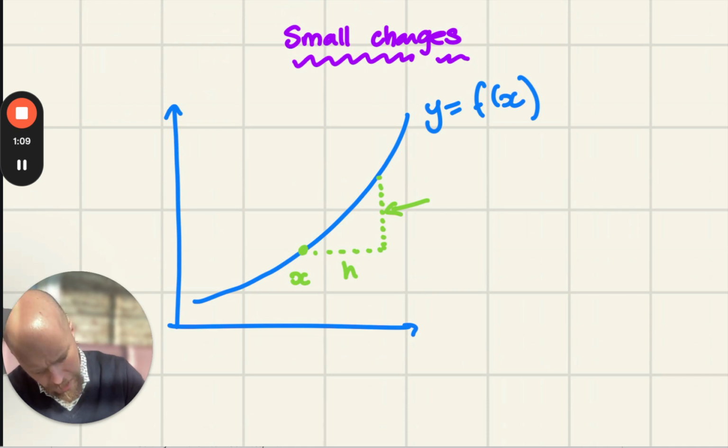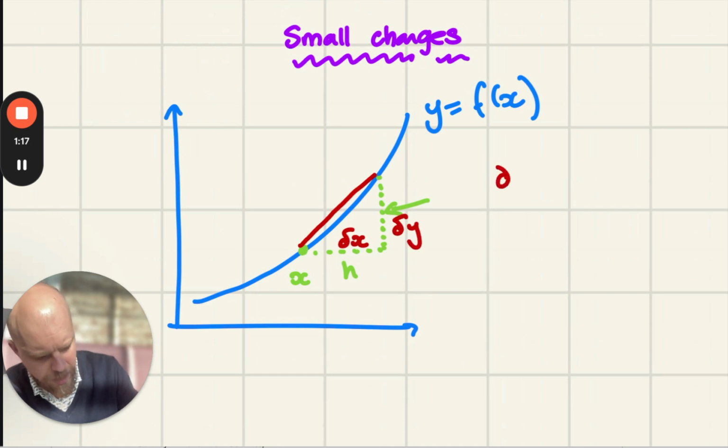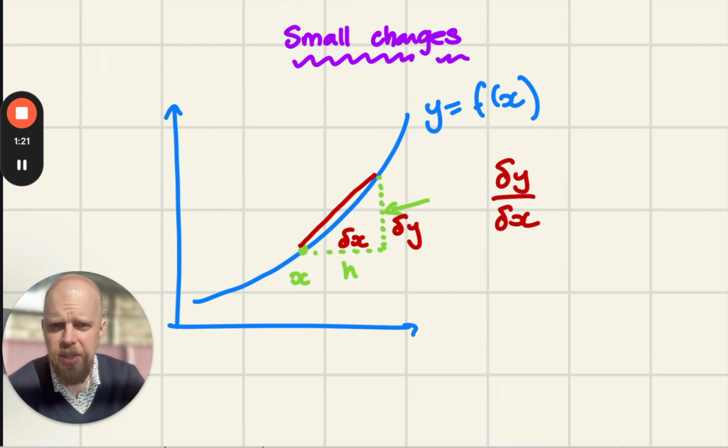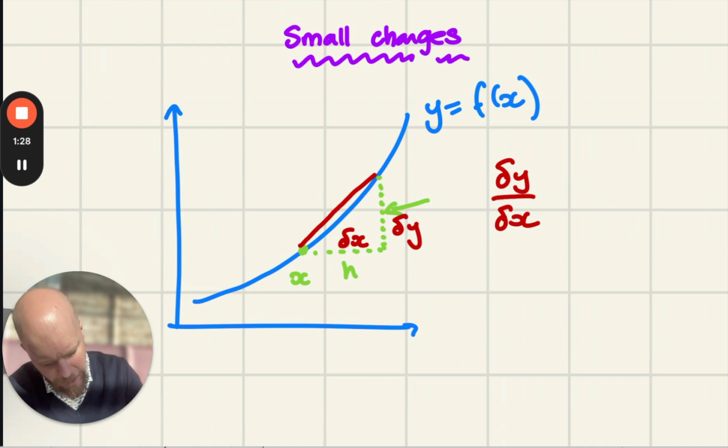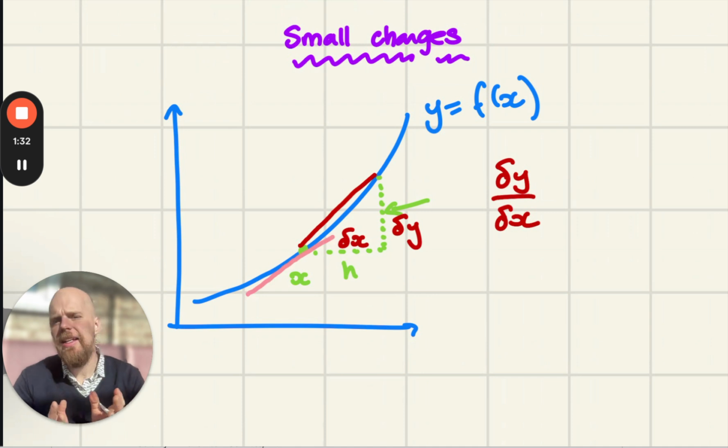Now, what we should be able to note is that if the change in x, which we'll call delta x, and delta y is small enough, that's the gradient, changing in y over changing in x, that's the gradient of the red line. If the step is small enough, then the gradient of the function, which I'll put in pink here, is basically the same.